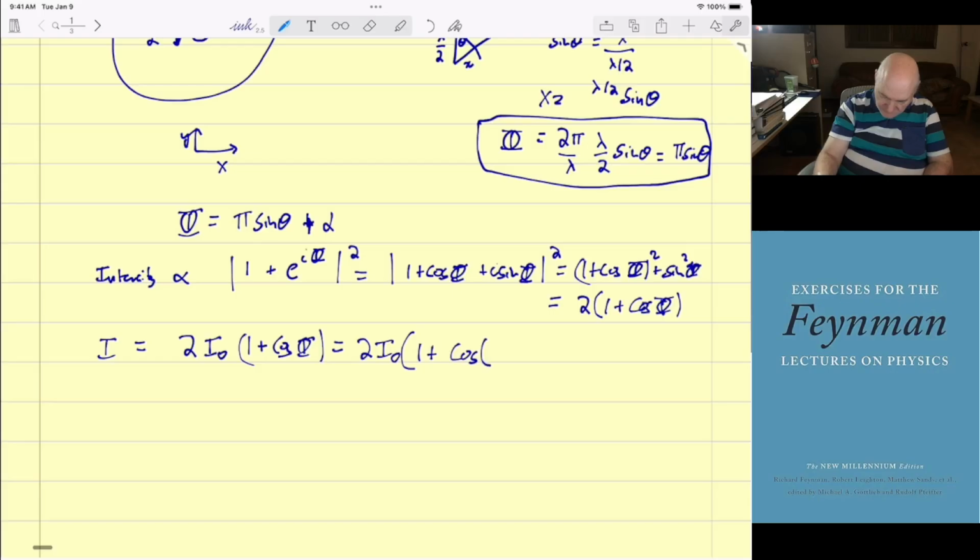Now we substitute what phi is, pi sine theta plus alpha. Okay, so this is what our intensity is. And our intensity is constant, which implies that pi sine theta plus alpha is constant.